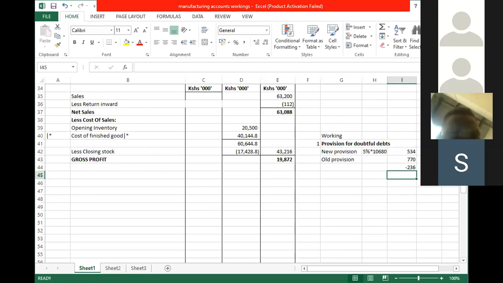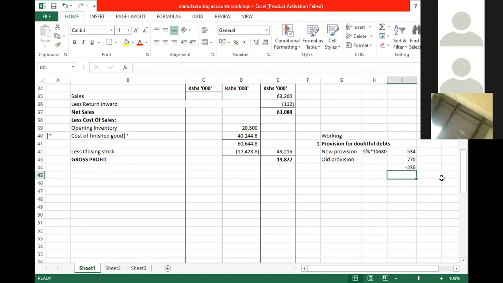Good people, move very fast. Is it an increase or a decrease? It is a decrease because they were 770, but we've been told to maintain them at 5%, which is 534.